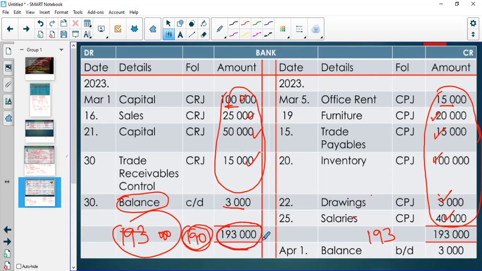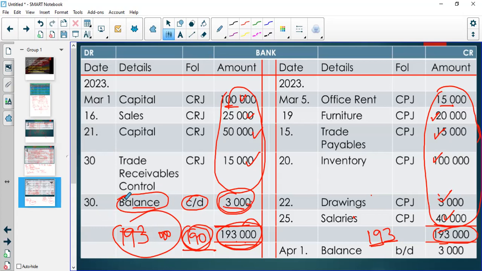So the totals for both sides are going to be based on the biggest of those two amounts. So the highest amount is the 193. It's going to be the total for both sides. But so that we also get to 193, we need an extra 3,000 here. That's the balancing amount. But it's the balance carried down because we're going into the next month. We carry it down, or carry forward into the next month, the 3,000.